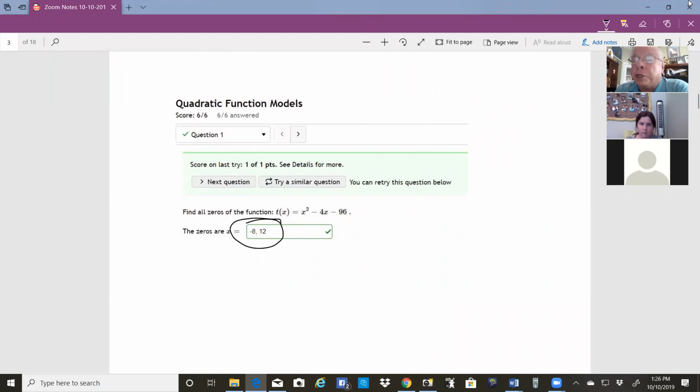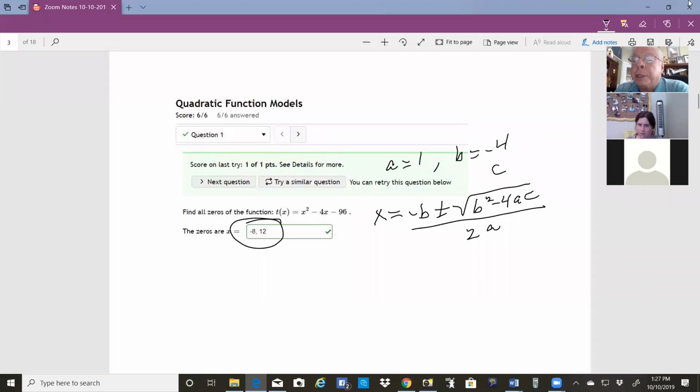However, if you get stuck and you can't come up with the two factors, then use this, and it takes a little longer. You need to identify the A, which is 1, the B is minus 4, and the C is minus 96.